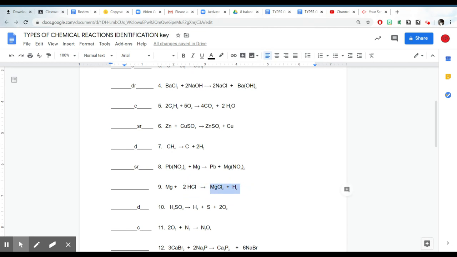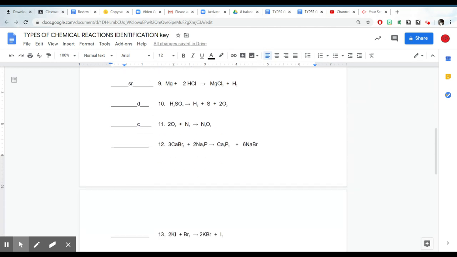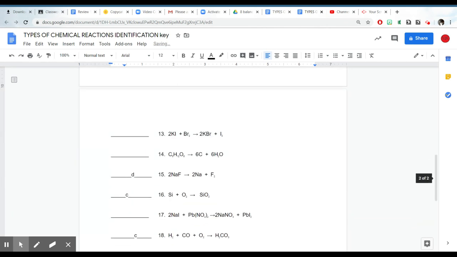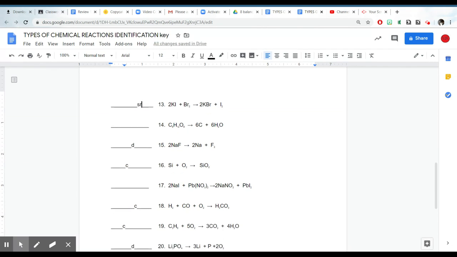Actually, it's compound and single, but you get the idea, single replacement. Here, I have two compounds on both sides for number 12, double replacement. Bromine, this is considered a single type of element. It's only bromine. Single replacement, two things on both sides.